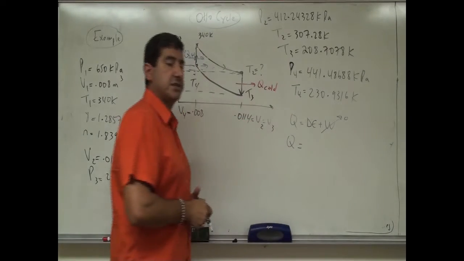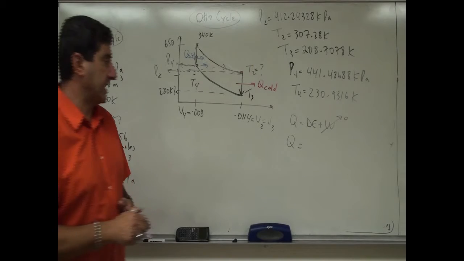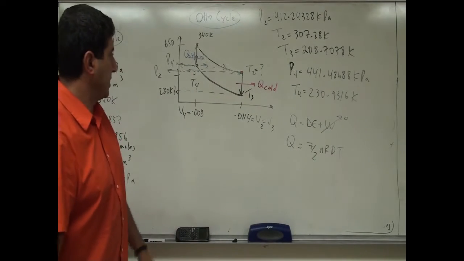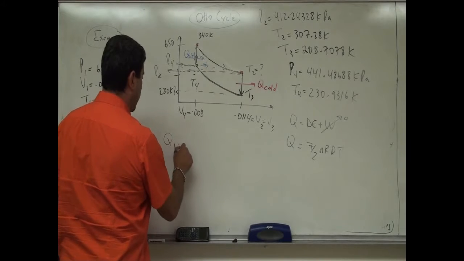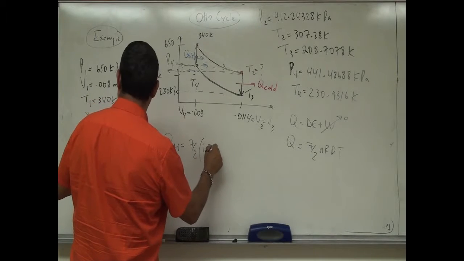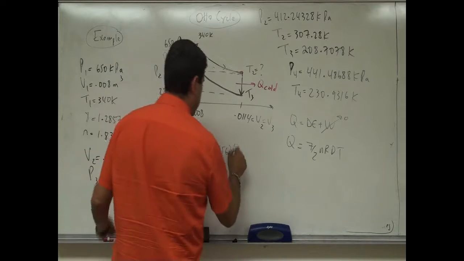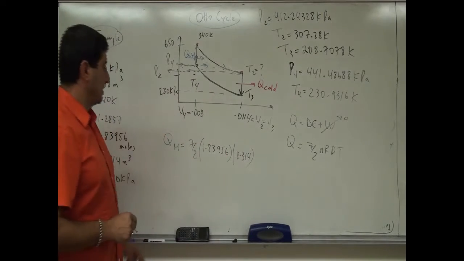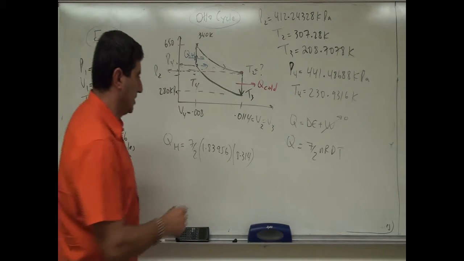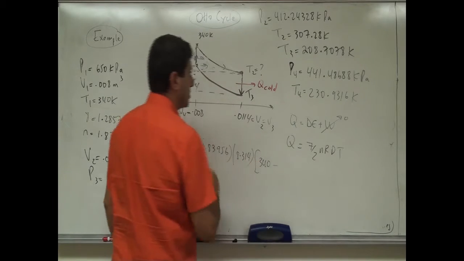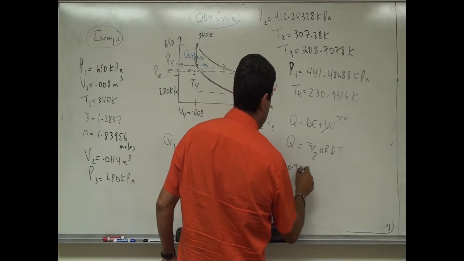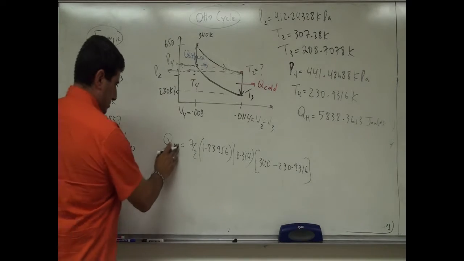In our case, since it was polyatomic, the Q into the gas is going to be 7/2 nR delta T. So to find QH, I do 7/2 times n, which is 1.83956, times R, which is 8.314, and then the difference in temperature: the temperature on the top is 340 Kelvin, minus the temperature over here, T4, which came out to be 230.9316.